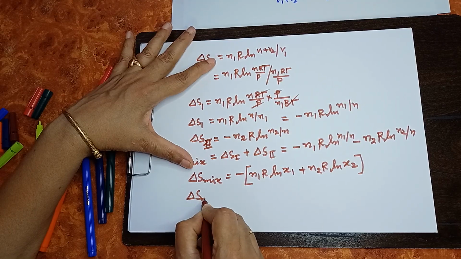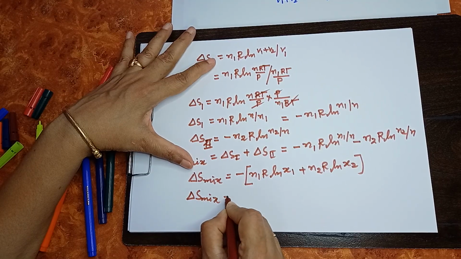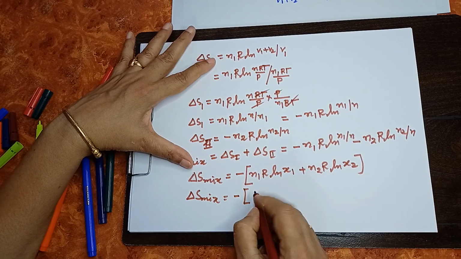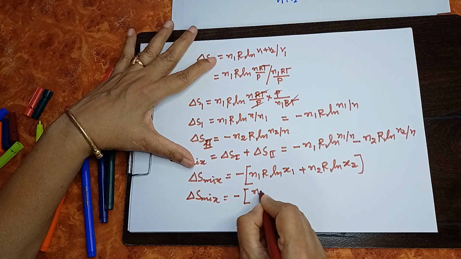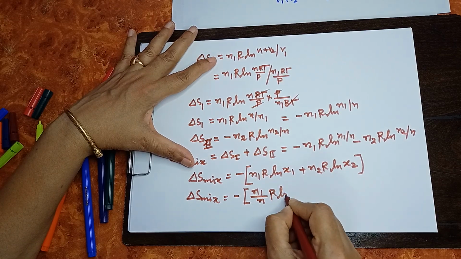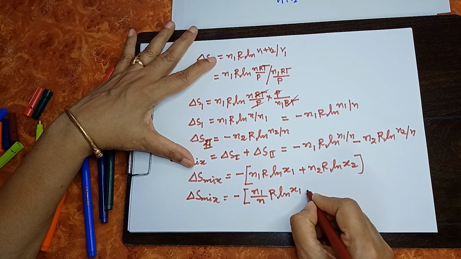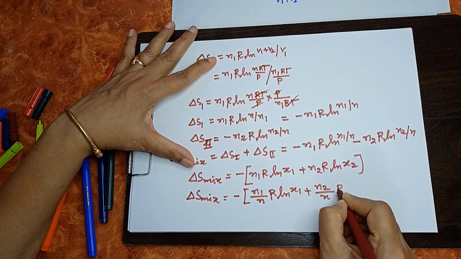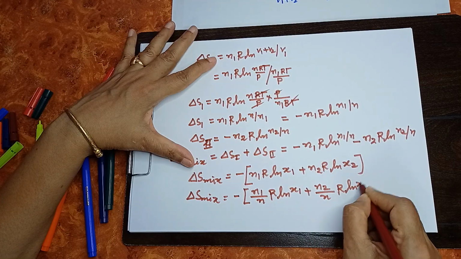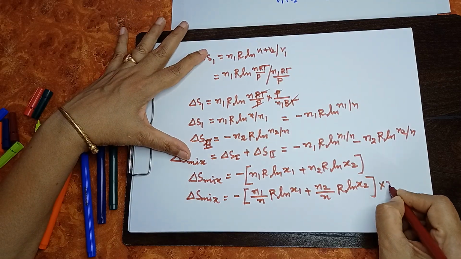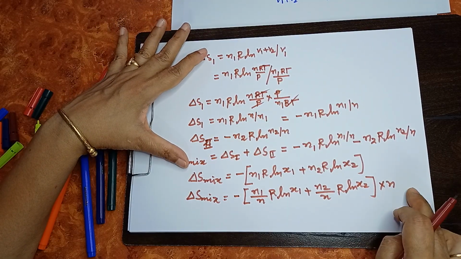Delta S mixing will be equal to minus N1 divided by N, R ln X1 plus N2 divided by N, R ln X2, into N. Divide and multiply it.